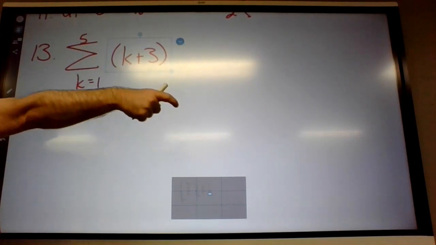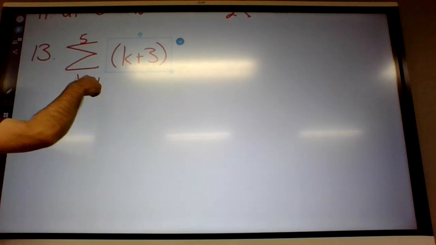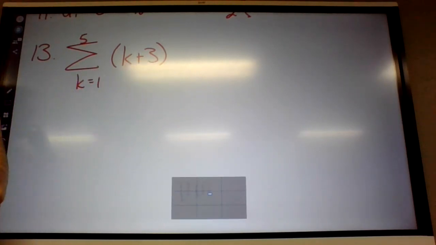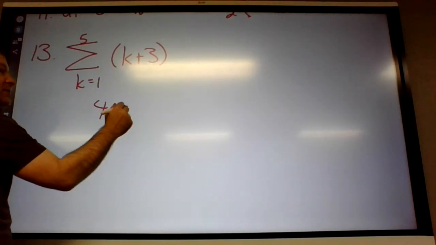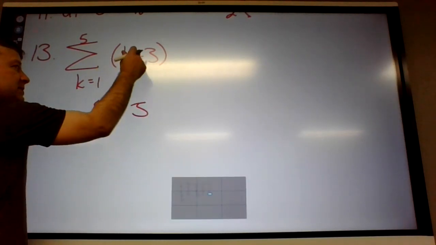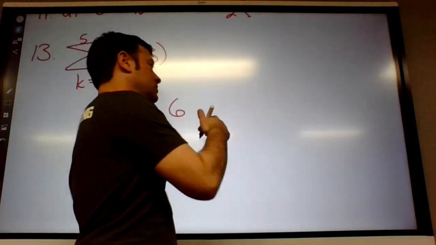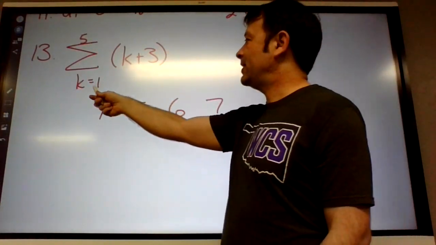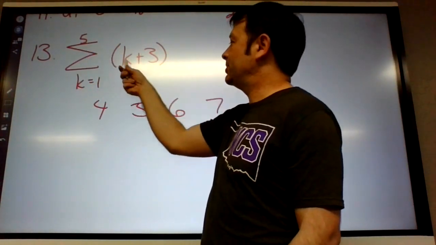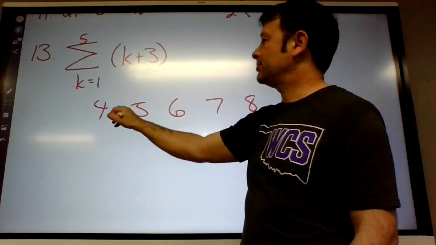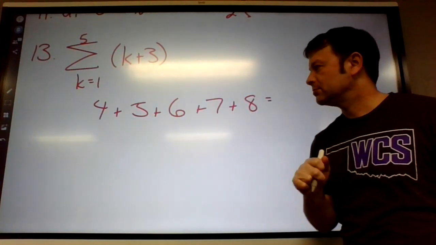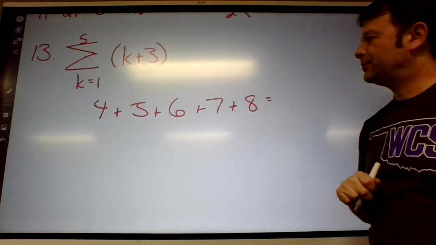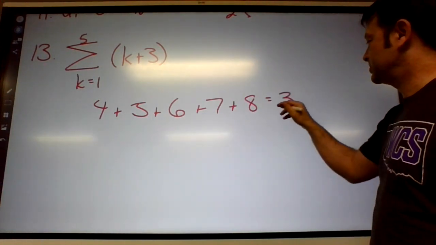All those terms are going to be added together. If I plug in 1, what do I get? 4. If I plug in 2, 5. If I plug in 3, 6. If I plug in 4, 7. 5 is the last thing we're going to plug in. You get 8. You just add all those together. Easy peasy. 12 plus 12 plus 6 is 30.